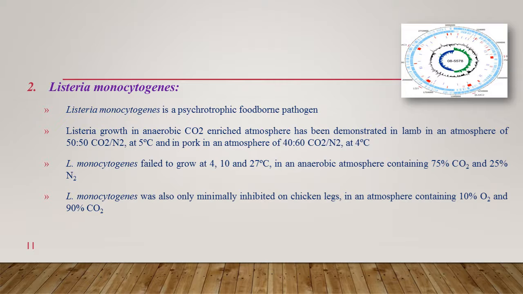Now, Listeria monocytogenes failed to grow at 4 degrees, 10 degrees and 27 degrees centigrade in an anaerobic atmosphere which contains 75% carbon dioxide and 25% nitrogen. Listeria monocytogenes was also only minimally inhibited on chicken legs in an atmosphere containing 10% oxygen and 90% carbon dioxide.